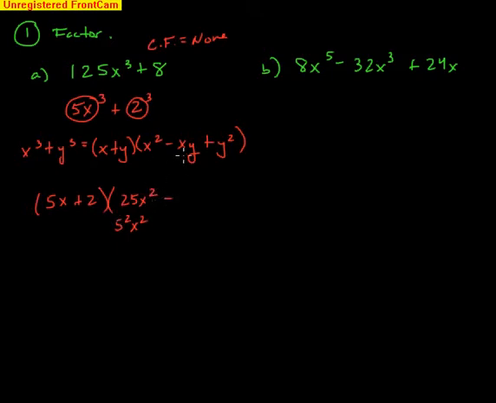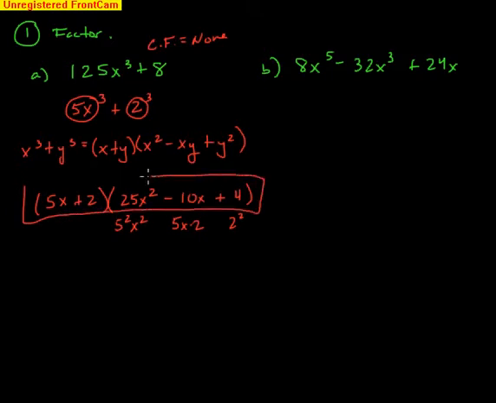Then you have a minus sign. And then it's x times y, the first thing times the second thing: 5x times 2, which is 10x. Always positive, and the second thing squared, y squared, 2 squared, which is 4. And there's the factored form of this perfect cube problem.